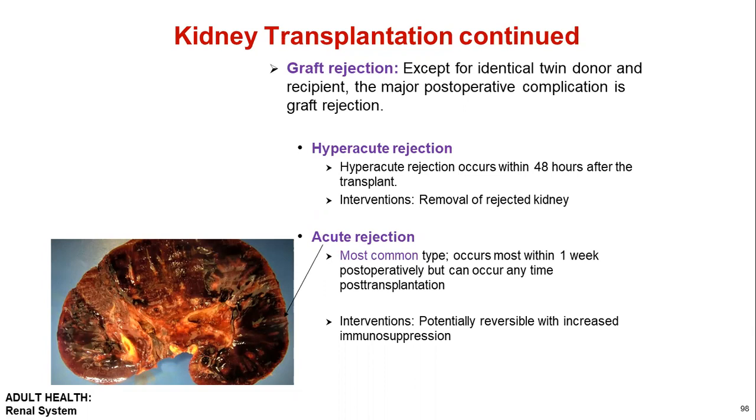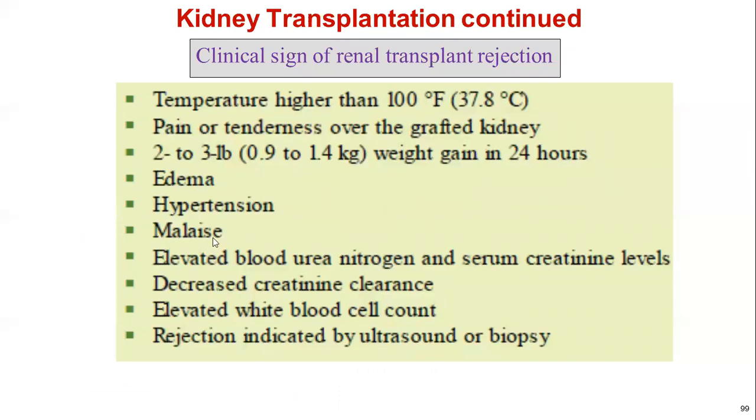So in that case, we can potentially reverse it by increasing the immunosuppressant. So if we increase the dose of immunosuppressant therapy, sometimes it will be okay, right? And here it shows the clinical signs of renal transplant rejection, like temperature, meaning fever higher than 100 degrees Fahrenheit or 37.8 degrees Celsius.